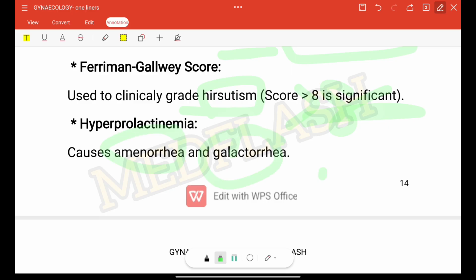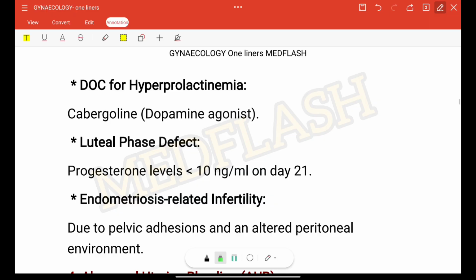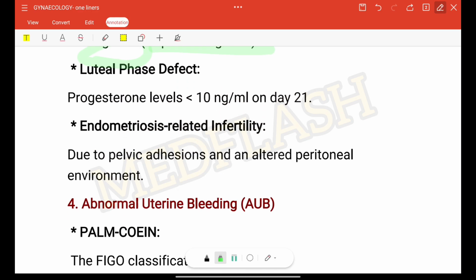Drug of choice for hyperprolactinemia is cabergoline, which is a dopamine agonist. Luteal phase defect: progesterone level less than 10 nanograms per ml on day 21. Endometriosis-related infertility is due to pelvic adhesions and an altered peritoneal environment.